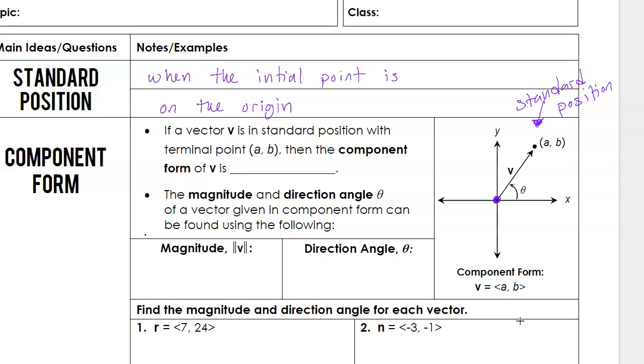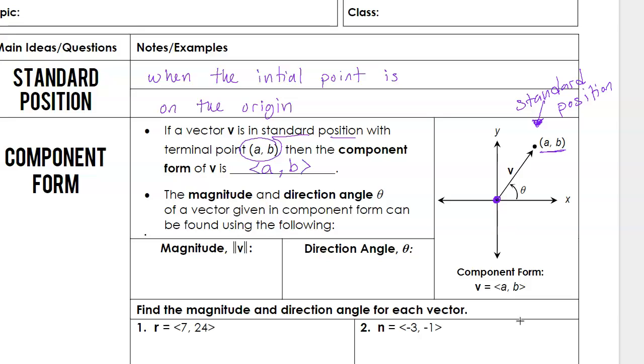So now that we know what standard position is, if a vector v is in standard position with the terminal point (a, b), so that's our ending point right here, then the component form of the vector is that ending point a, b, but instead of putting parentheses around it, you put these little arrow things.